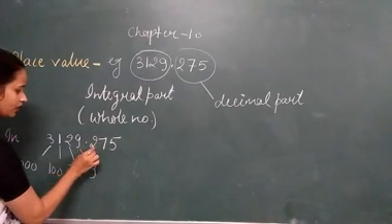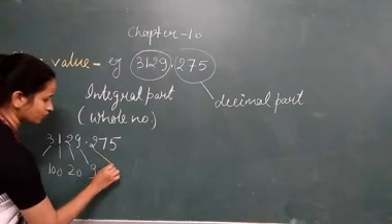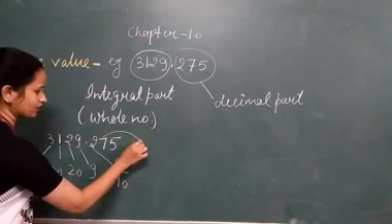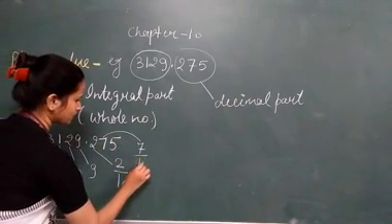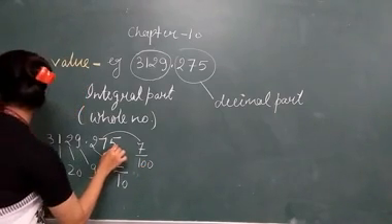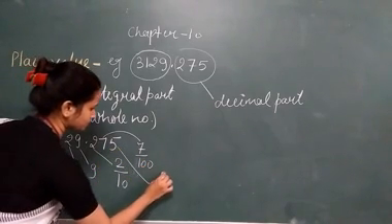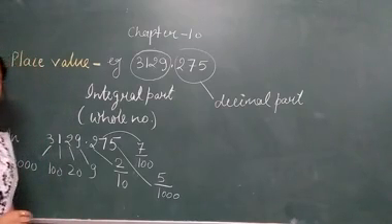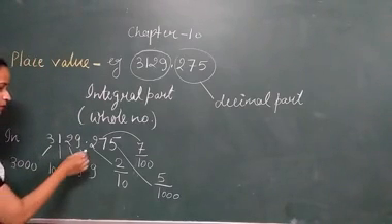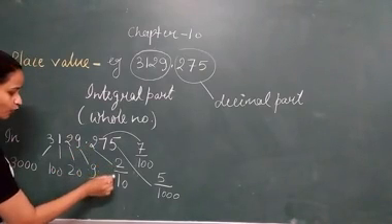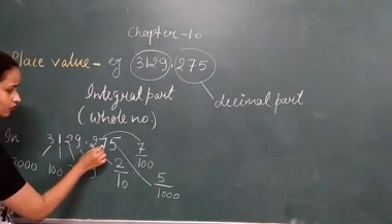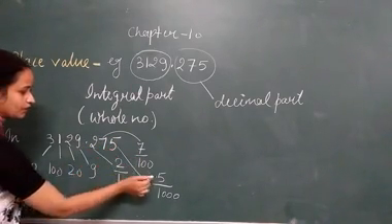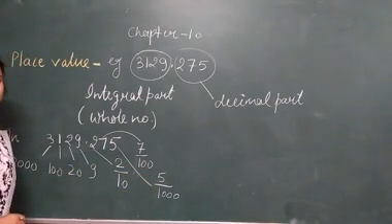Now, the place value of this 2 is 2 tens, place value of 7 is 7 hundreds, and the place value of 5 is 5 thousands. Okay, we will write the place value of this 2 like this: 2 upon 10, or 7, 7 upon 100, and of 5, 5 upon 1000. Okay.